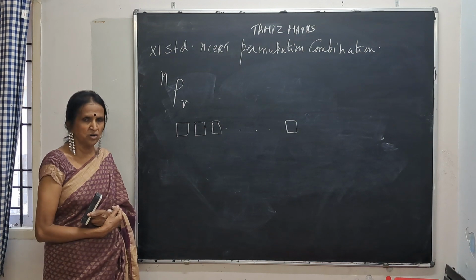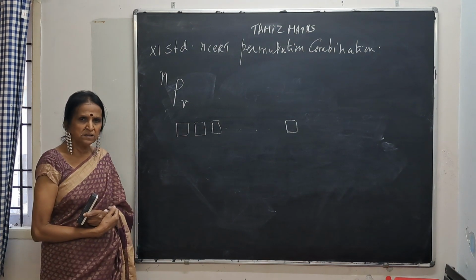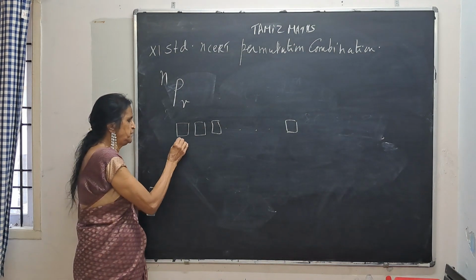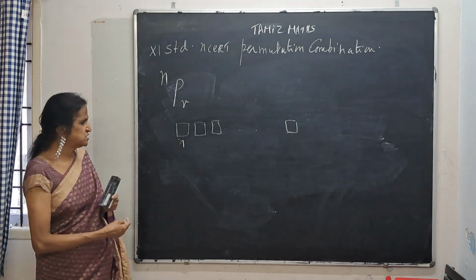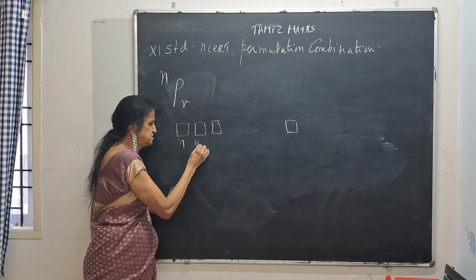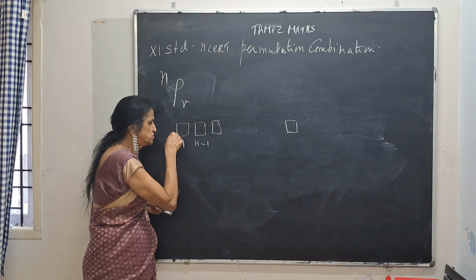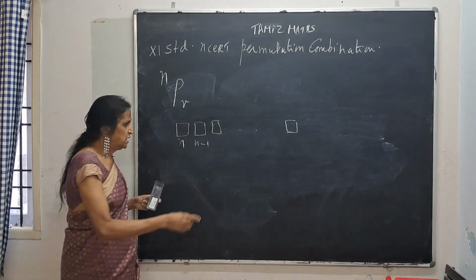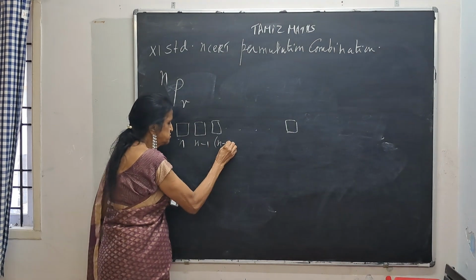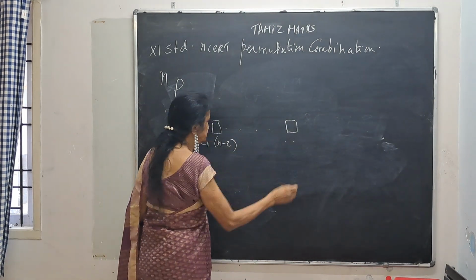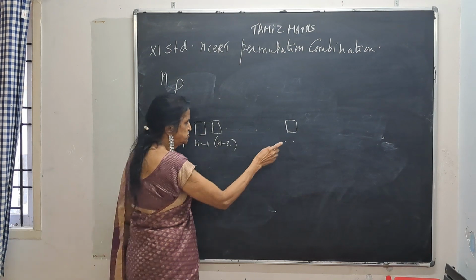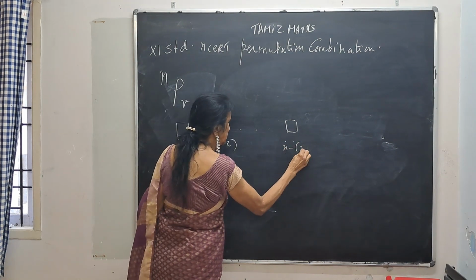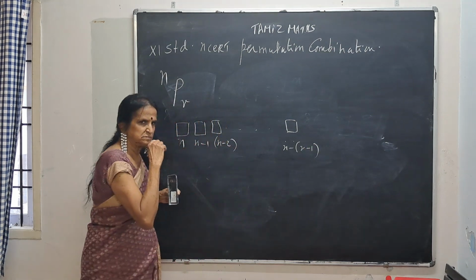Take the first box. Any one thing you can put in that, so it can be filled in n ways. Take the next. You can fill it in n-1 ways because already 1 has gone into a box. Come over here, this is n-2. Now come for the last. Second is n-1, third is n-2, so the rth will be n-r+1.